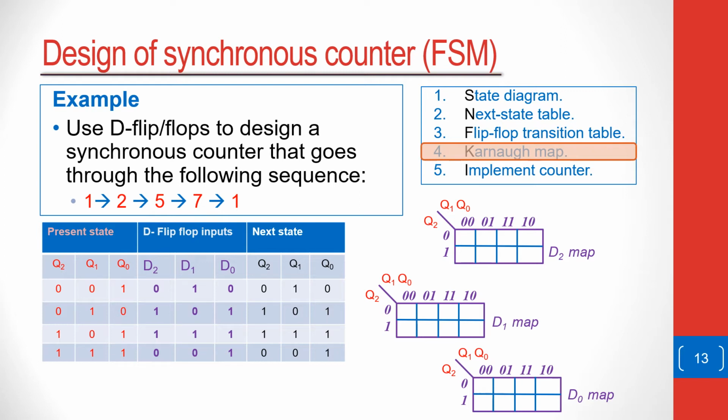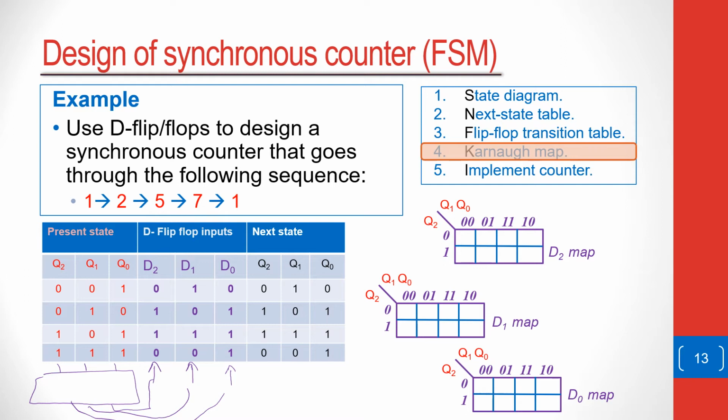In the K-maps, we are simply going to be plotting these outputs, the inputs D2, D1, and D0, and we are going to see what type of combinational logic takes the present state and gives us these inputs D2, D1, D0, so that we can have the transition that we wish to have.